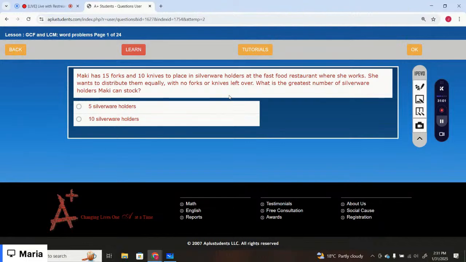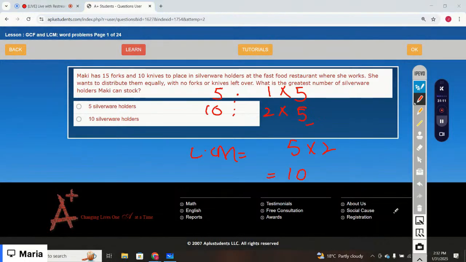So for the greatest common factor, you need to write their prime factors. The prime factors of 15 and 10 are 5 times 3 and 5 times 2. So the greatest common factor for both the numbers is 5.